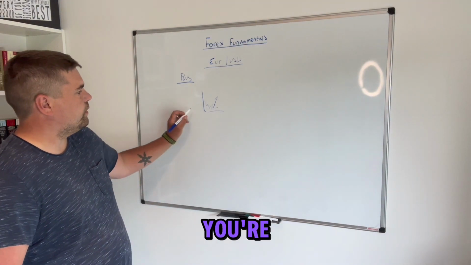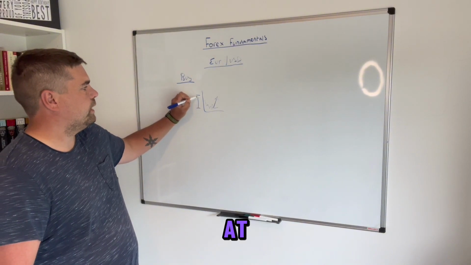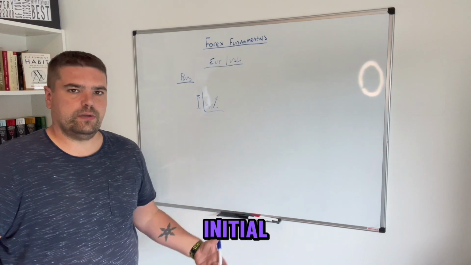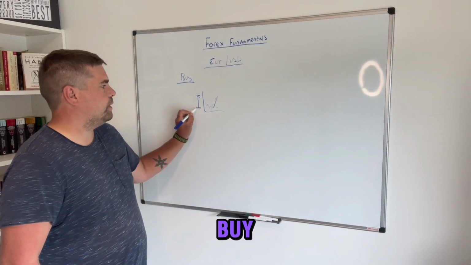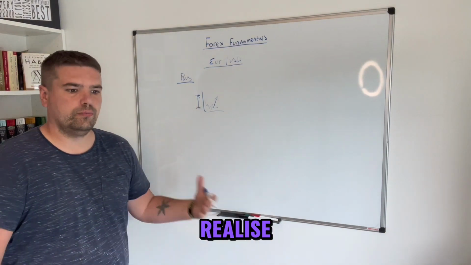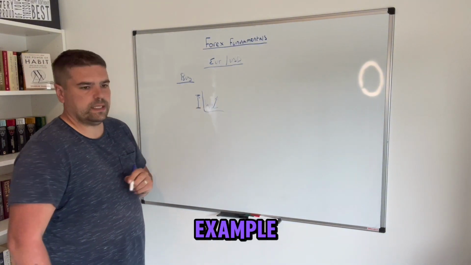So essentially you're buying low and you're selling at a higher price, because you have to do the opposite of the initial action to get out of the particular trade. So if you buy into the market, you of course need to sell it at a higher price to realize the profit. So let's have a look at this example here.